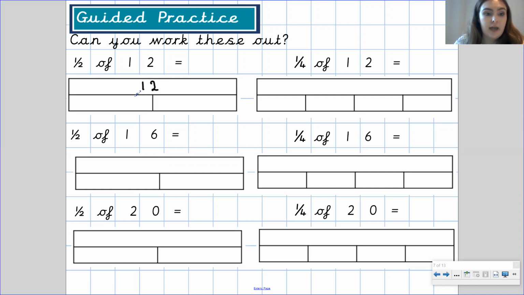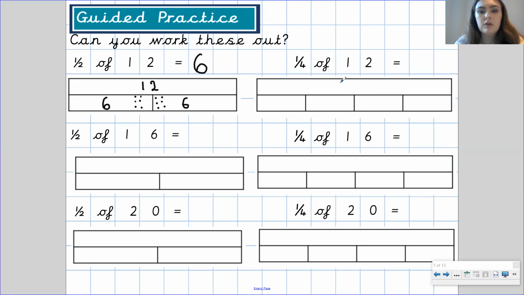Okay, let's do this together. So 1, 2, 3, 4, 5, 6, 7, 8, 9, 10, 11, 12. So each group has 6. So half of 12 is 6.